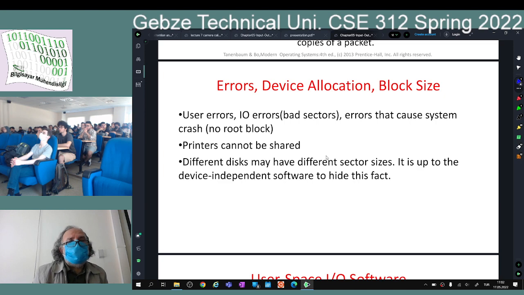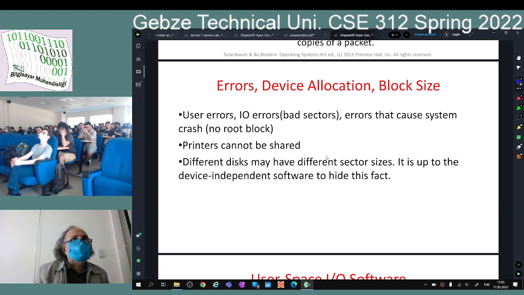They are built that way. Bad sectors have to happen. Bad sectors will happen for the SSDs too, but their bad sector frequency is a little bit different, and the reasons are a little bit different than the others. Somebody has to handle all of that stuff.